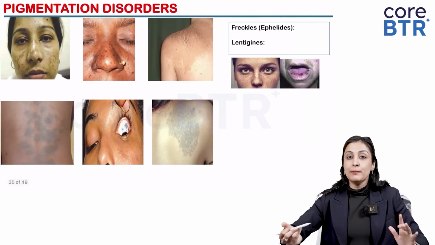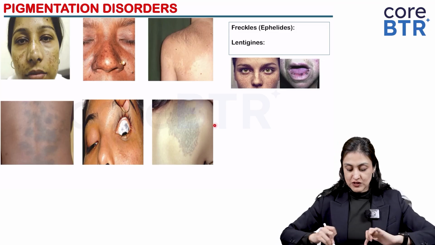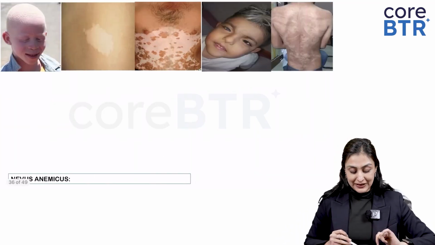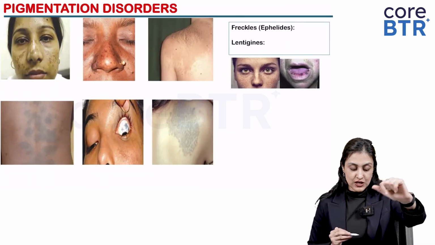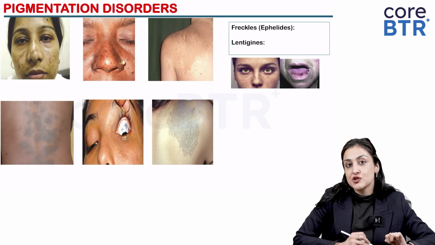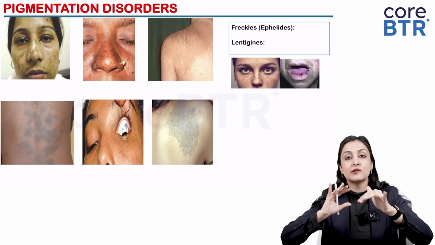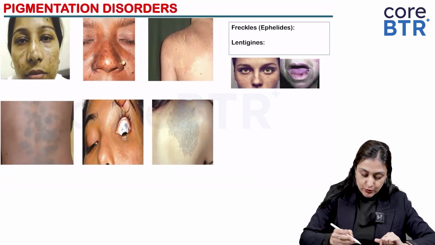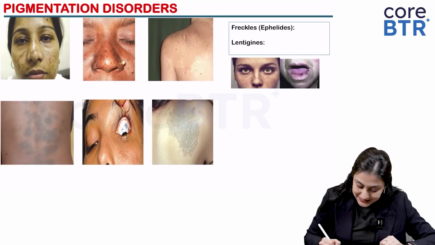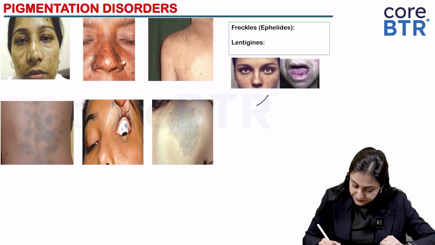Now we go into pigmentation disorders. First I'll deal with hyperpigmentation disorders and then we talk about hypopigmentation disorders. Hyperpigmentation disorders can be divided into dermal and epidermal. When you have epidermal, look at the topmost row. This is epidermal pigmentation.